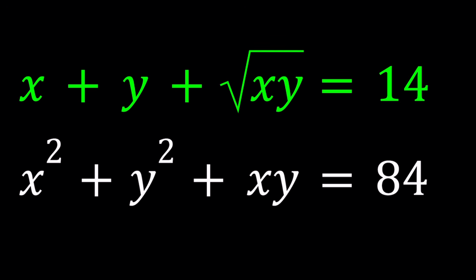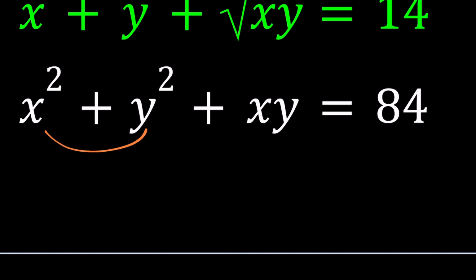Now, how do you solve a system like this? You're probably thinking, okay, we could write everything in terms of x plus y and xy. Can't we? Sure, we should be able to. For example, if you look at the second equation, we do have an x squared plus y squared.